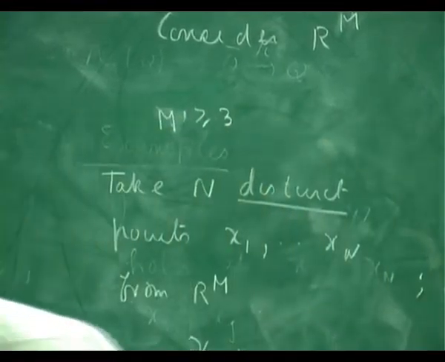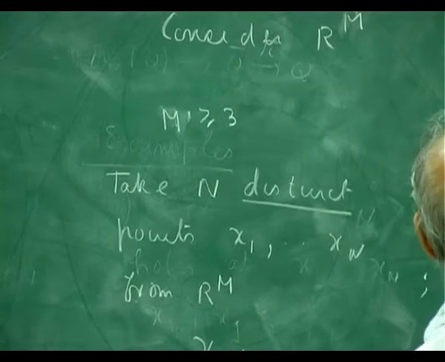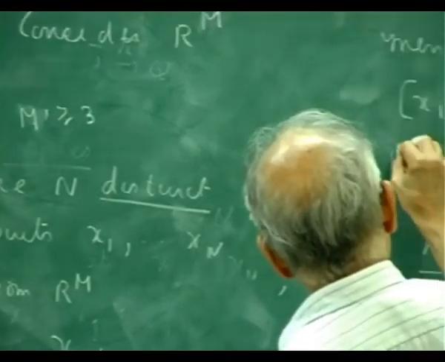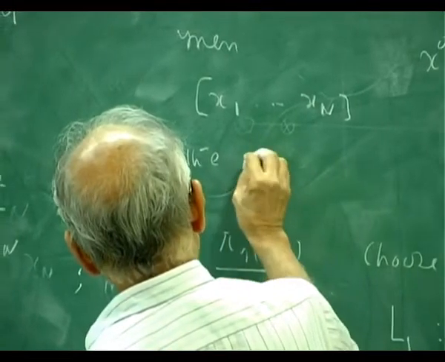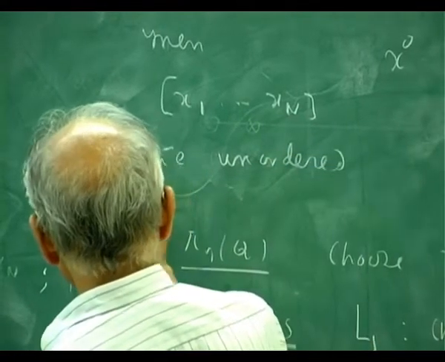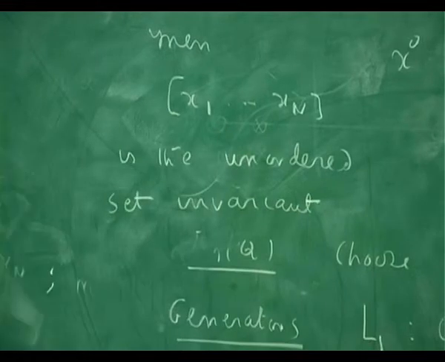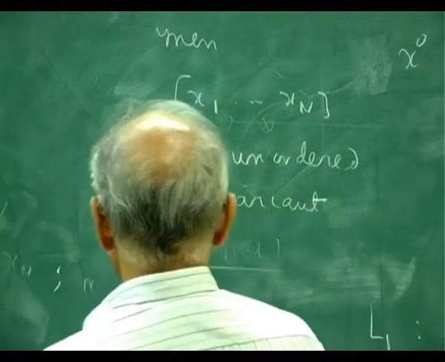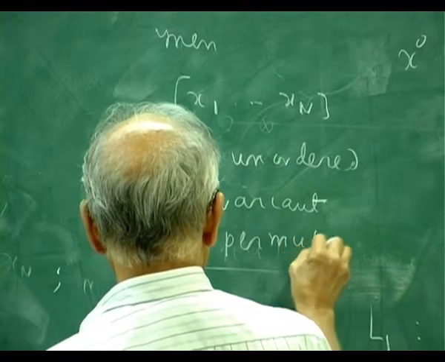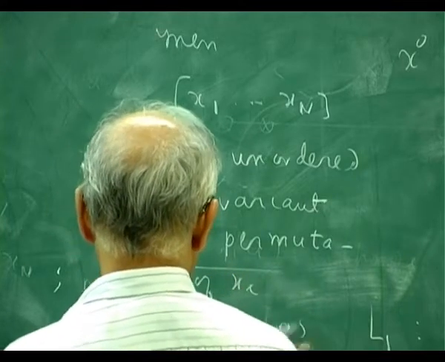Then this thing, x1 up to xn, is an unordered set, invariant under permutations of xi. There is a notation.